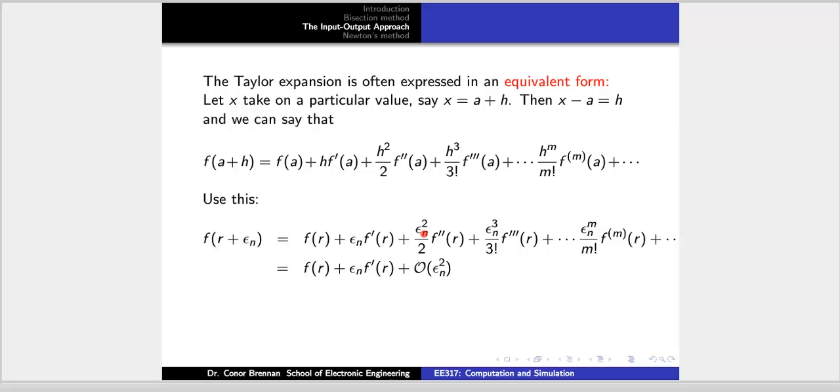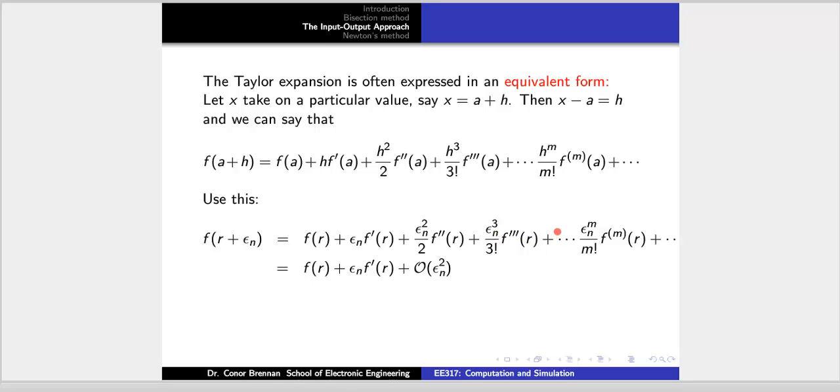What we'll do is arrange them in order of importance. We're assuming epsilon n is a small number. So let's imagine epsilon n is 0.1. It's a pretty small number. Well, if epsilon n is 0.1, epsilon n squared is 0.01, which is a very small number. Epsilon n cubed is 0.1 cubed, which is a really small number.